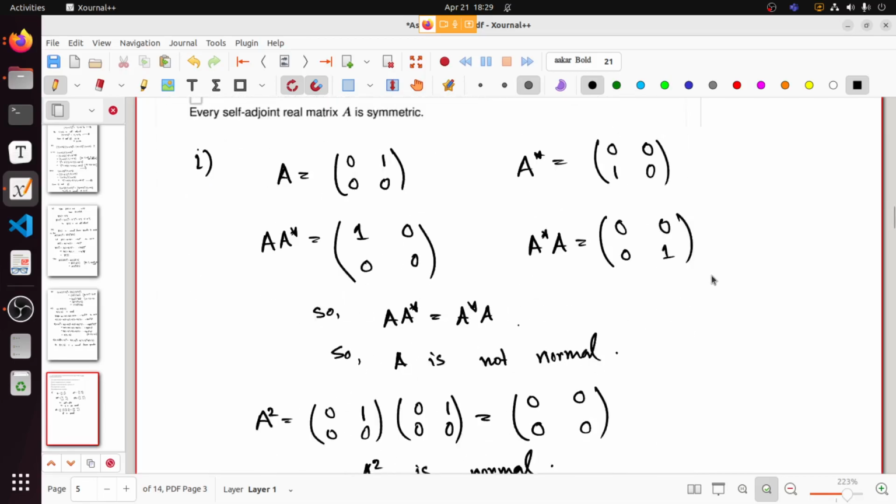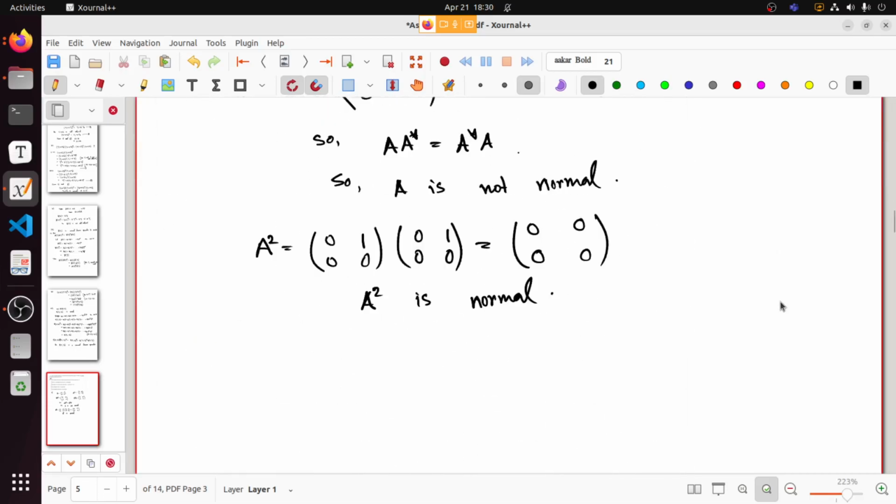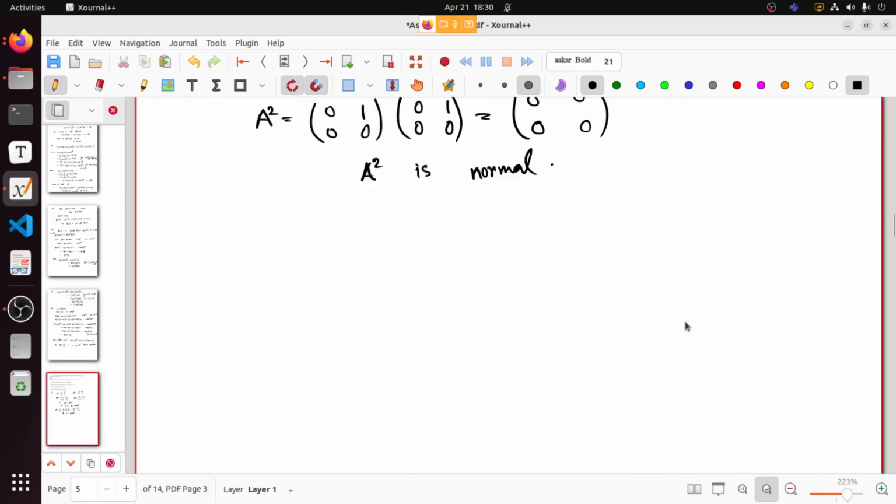So the first option is not true, so this is false. We get an example where A square is normal but A is not normal, right? What is the next option? A matrix A is self-adjoint if and only if the corresponding linear transformation L_A is self-adjoint, right? So let's check option number 2.